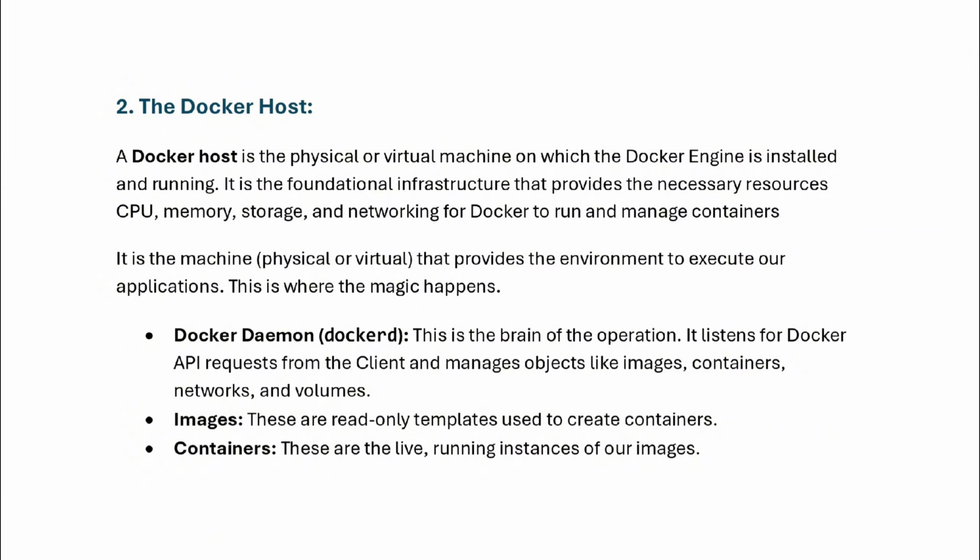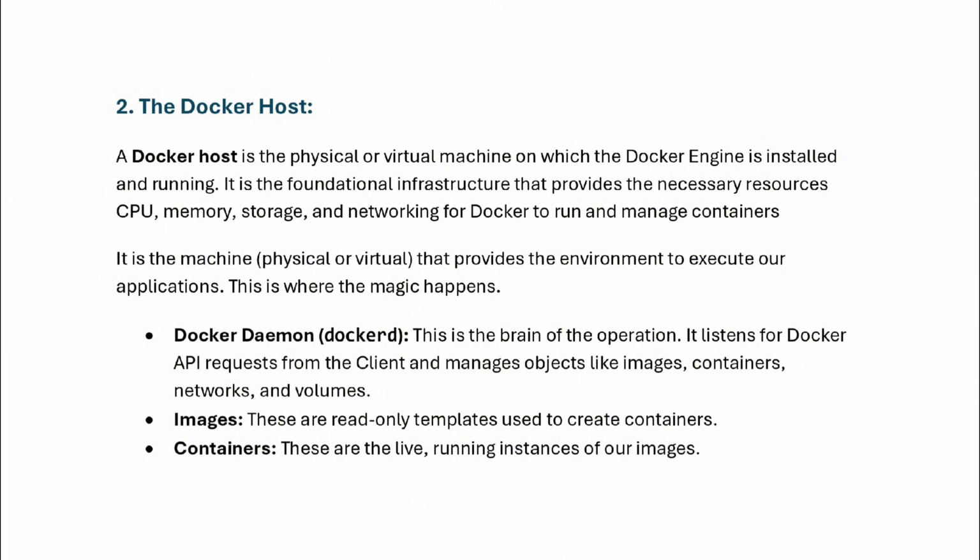This is where the magic happens. The Docker host provides the environment for the core components of the Docker platform to operate. Those core components are the Docker daemon or dockerd, the operating system kernel, and physical resources like RAM, CPU, storage, etc.